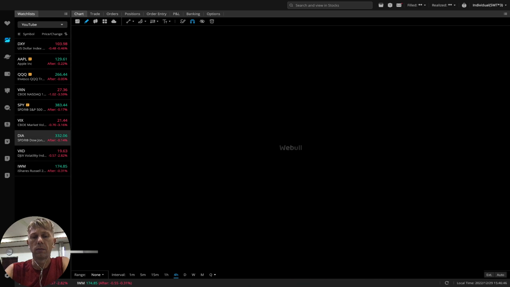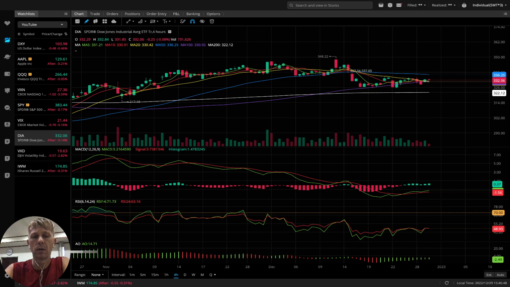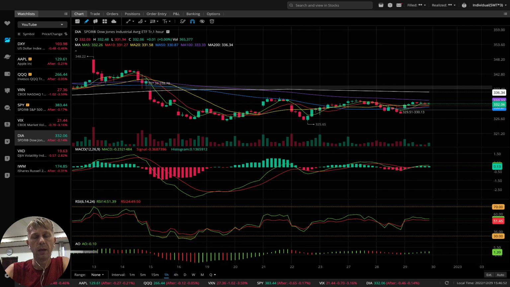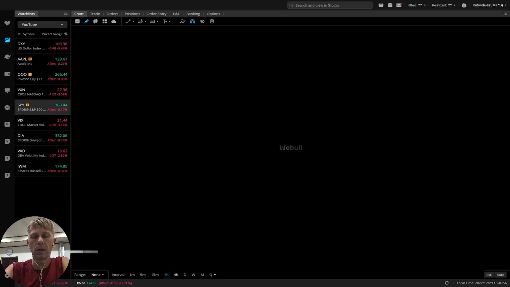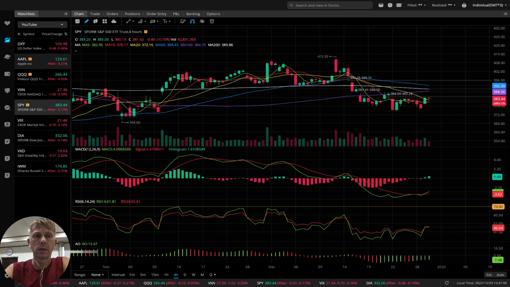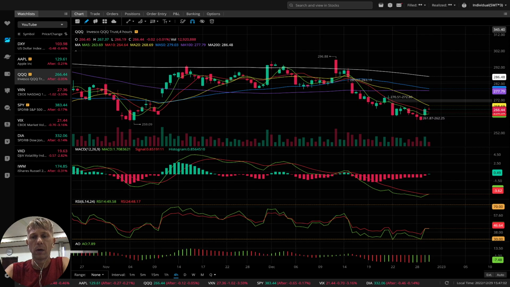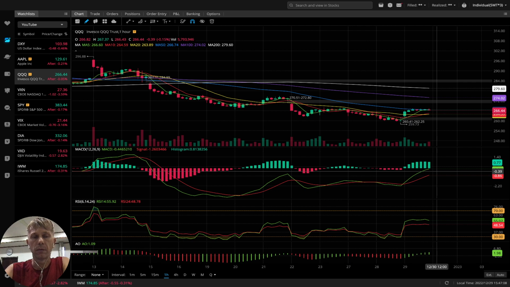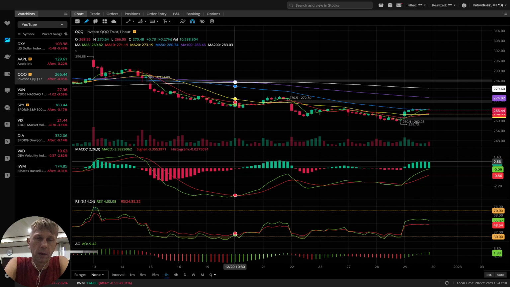Same for Dow, 4 hours and 1 hour bullish signal for all indicators. For daily, it's still bearish. Same for SPY. Let's see, 1 hour bullish, 4 hours bullish. Same for QQQ, 4 hours bullish crossover and 1 hour bullish trend.